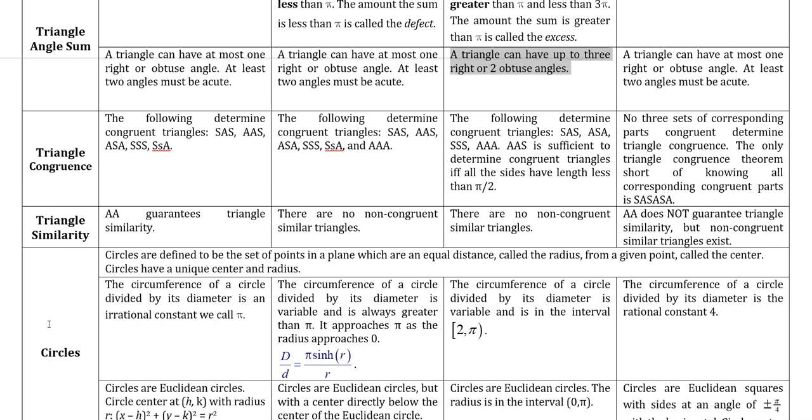A special case of that big S little sa would be the hypotenuse leg condition for right triangles.